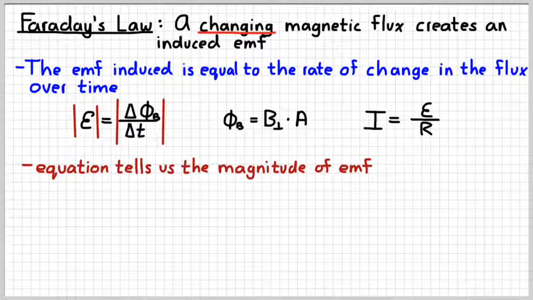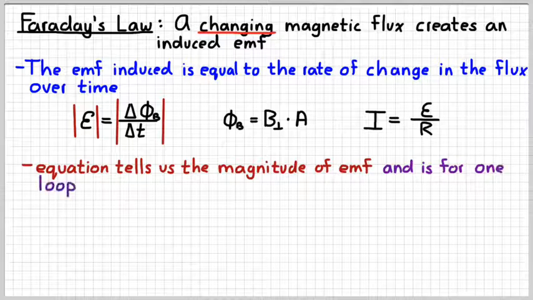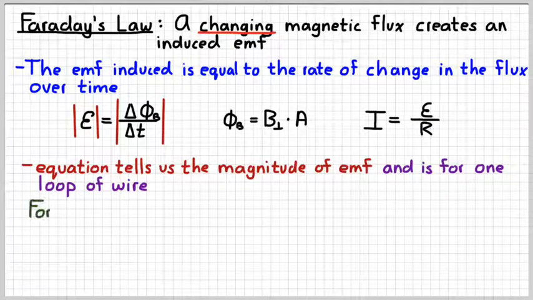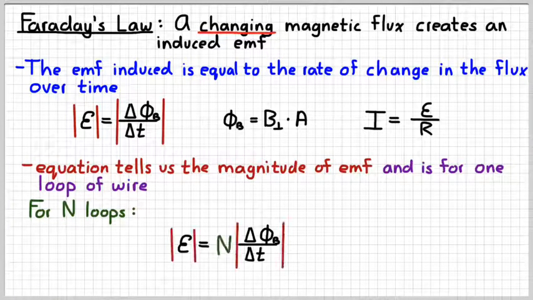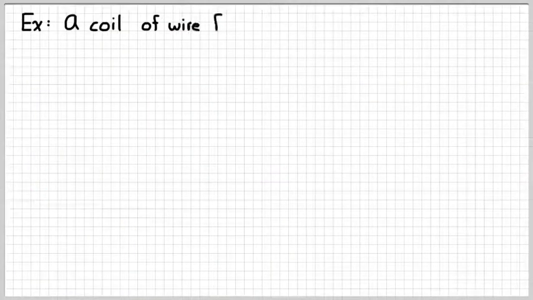So oftentimes it's written with absolute value signs because we're just looking for how big the EMF is. The other thing to note is that this is for one loop of wire. If we have n number of loops, well, we just take that and we multiply it by n. Not rocket science there. So let's look at a quick example.